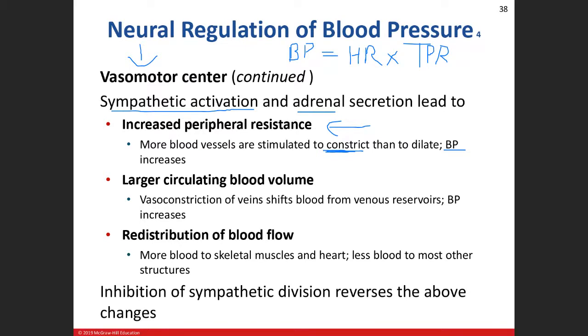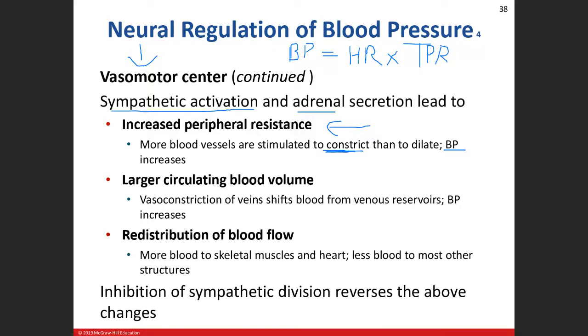Okay? Now, I haven't talked about blood volume so much here, but if we start to increase, for example, our activity levels, you start running. We talked about this in the beginning in lab for the blood vessels here. Most of your blood, when you're sitting here right now, is going to be in your veins, in your venous blood system. Okay?